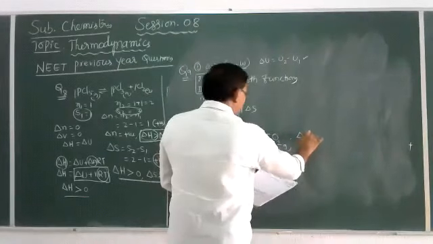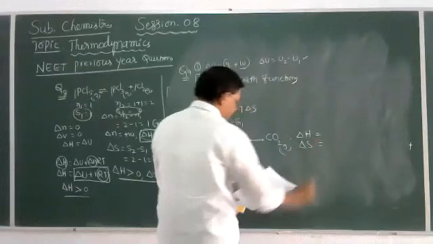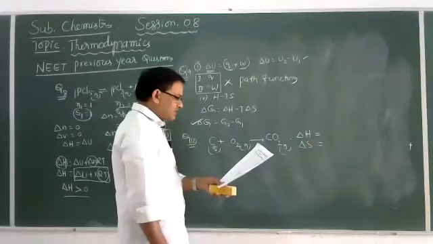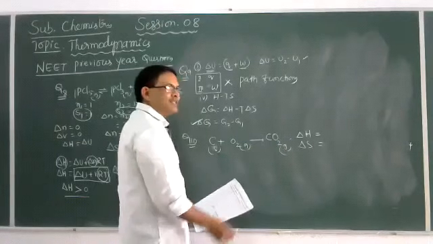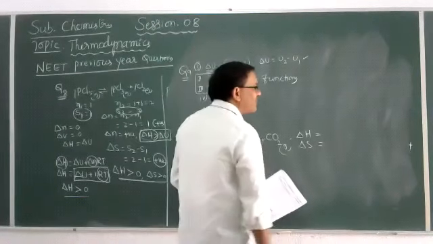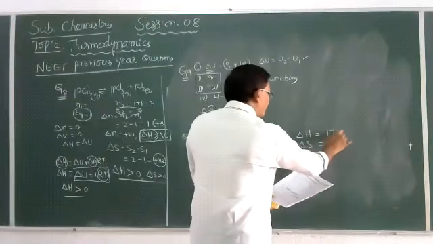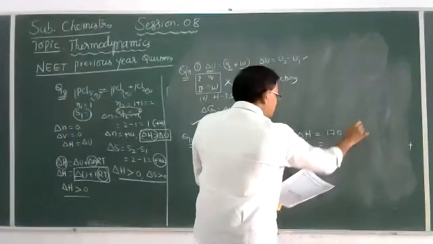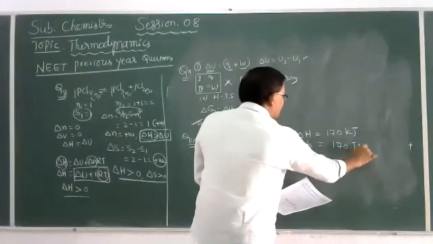For this reaction, the delta H value and delta S value are given. The question asks at what temperature this reaction is spontaneous. Spontaneous means delta G is negative. This value is given as 170 kilojoules, and this is 170 joules per Kelvin.